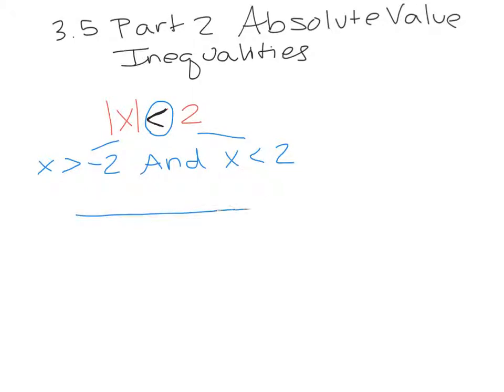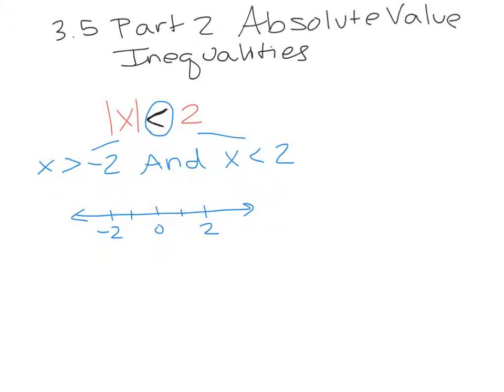I recommend that you graph this on a number line. So remember that 0 always goes in the middle. Negative 2 should be on the left of 0, and positive 2 should be on the right of 0. You want to simultaneously be larger than negative 2 and smaller than positive 2.